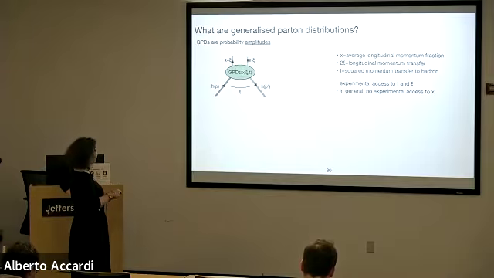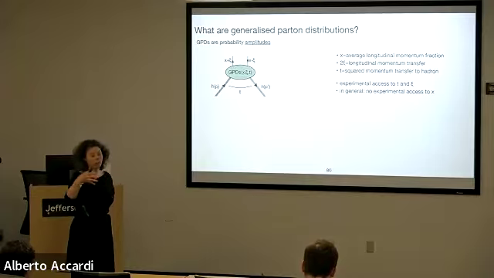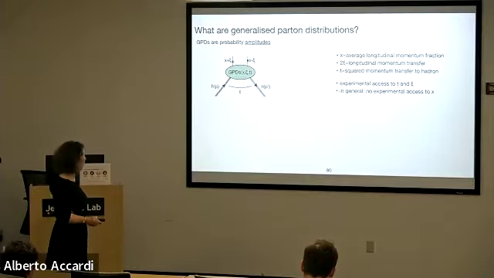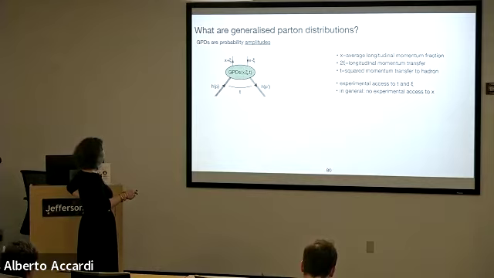In this process, the proton stays intact, but there is a momentum transfer from the initial to the final state proton. And so there are three variables that the GPDs depend on, in addition to Q squared, again through Q squared evolution.